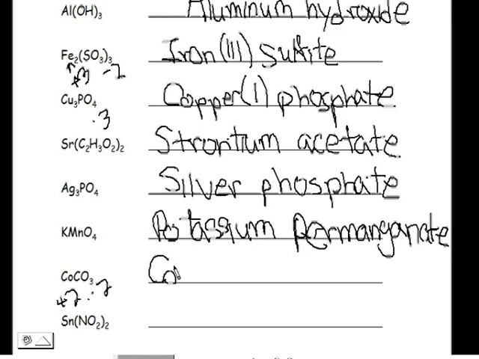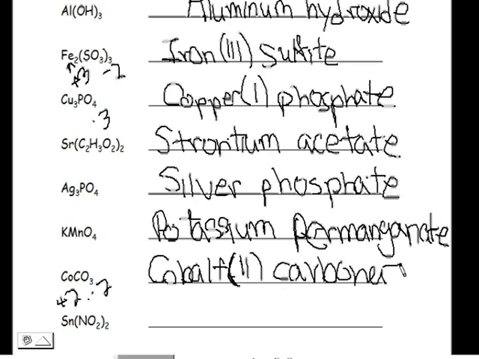So in this case, I would have cobalt, and yes, unlike the others that have only one designated charge, I will need to use Roman numerals, and I would put cobalt(II). Cobalt(II) with the substance which is on the back of the periodic table, which is called carbonate. So that would be cobalt(II) carbonate.